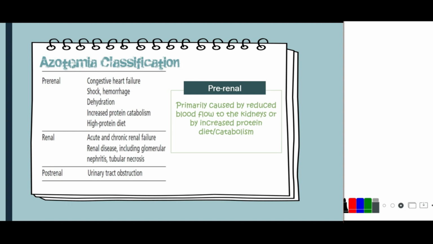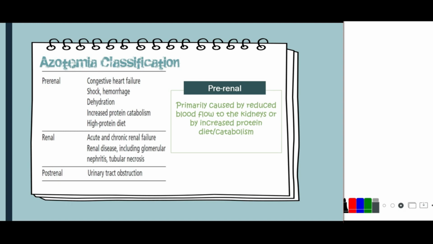So that's why nag-accumulate yung BUN kahit wala namang problem with the filtration function of your kidneys. Or it could be because of increased protein diet or catabolism. So if you have high protein diet such as high meat diet or certain condition that leads to increased protein catabolism, of course, as what we have mentioned, tataas din yung production ng ating waste product, which in this case is your BUN.